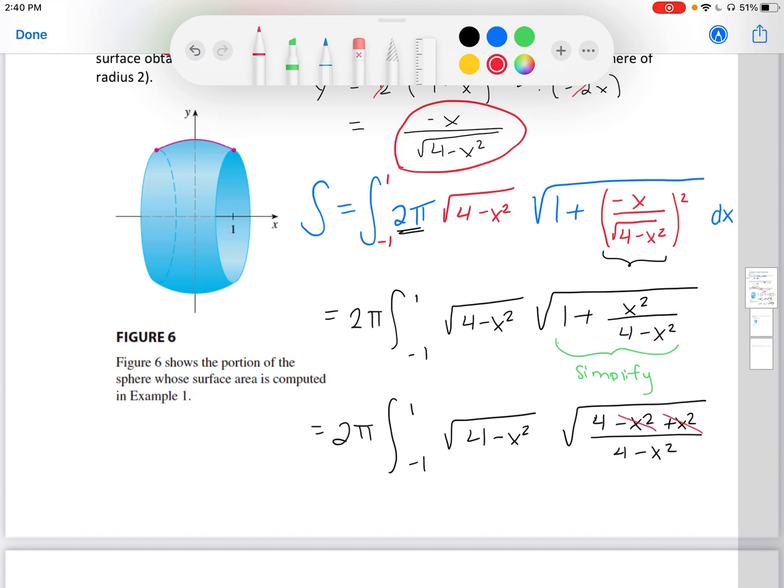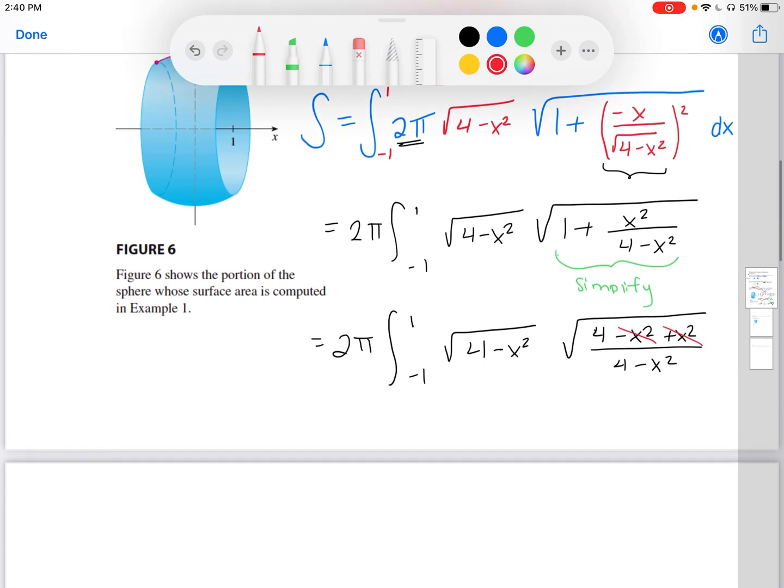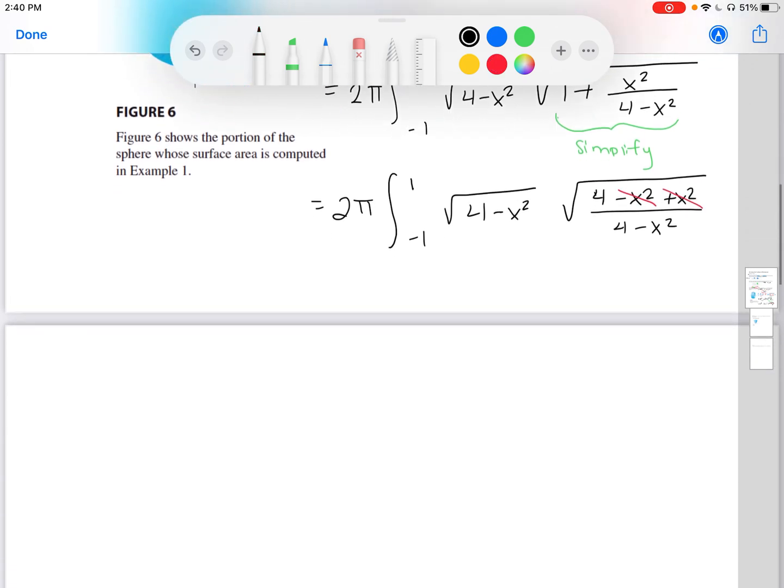We see our x squared terms add to make 0, and we're left with the square root of 4 minus x squared times 4 over 4 minus x squared.